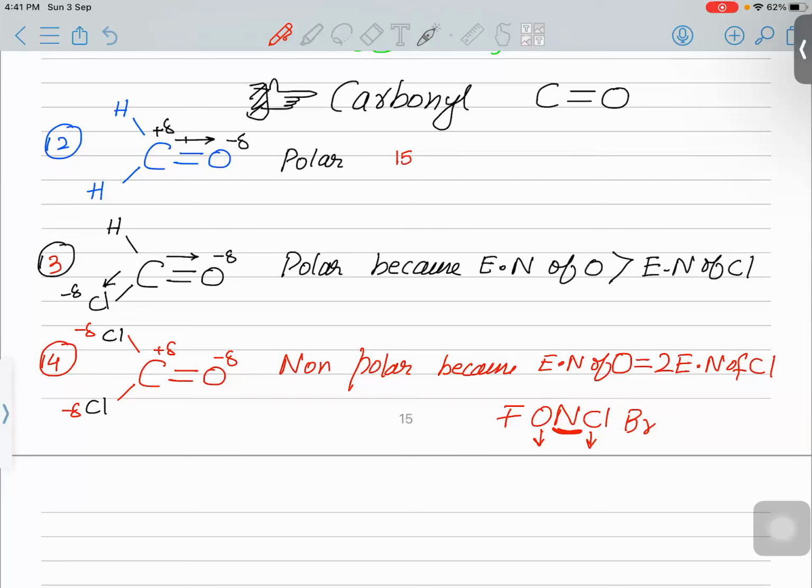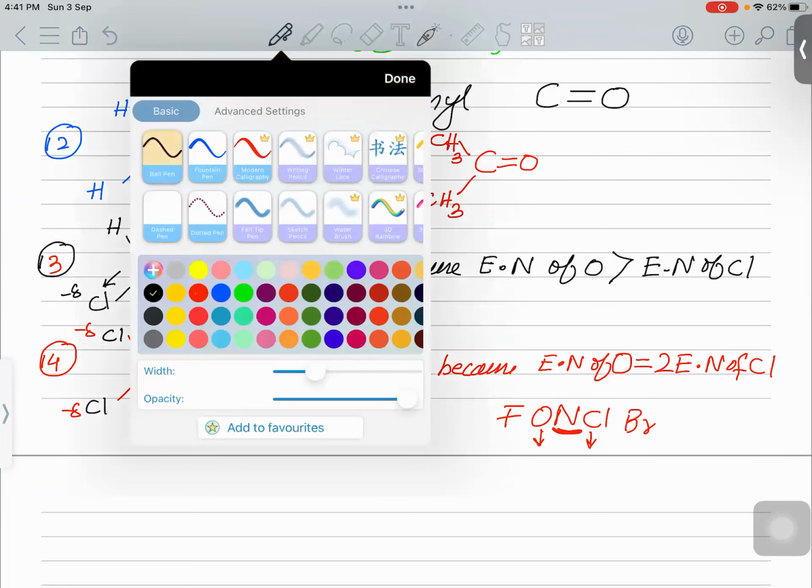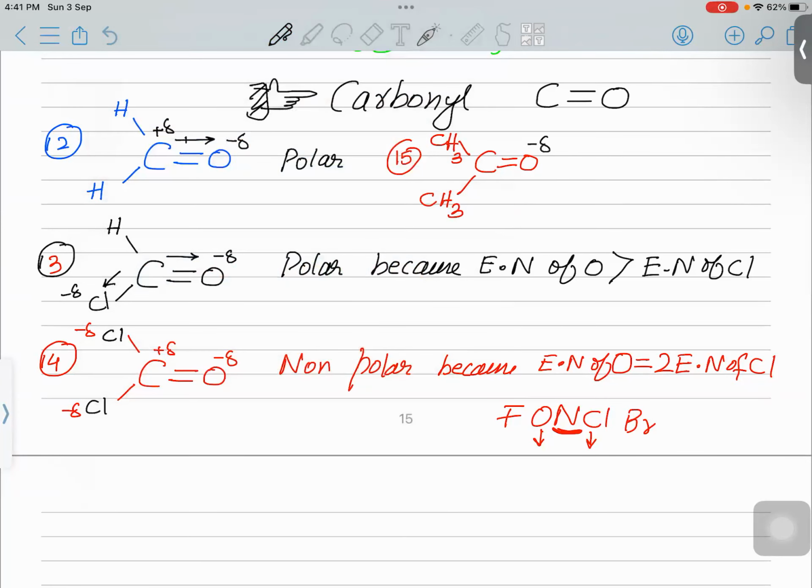Now the last question. Polar or non-polar? Exactly, polar.